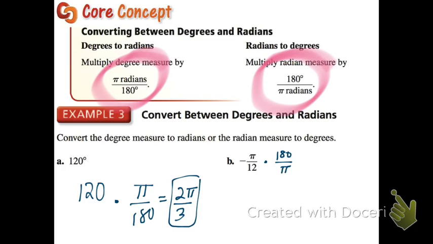So the way I remember which formula to use is if there is already a pi, I want to cancel the pi's out, so I put pi on the bottom. If there's not a pi, I want a pi left in it, so I put pi on the top. Okay, and now I'm just going to do in my calculator 180 divided by negative 12, and I get negative 15 degrees. The pi's cancel out, so there's no need to put pi.